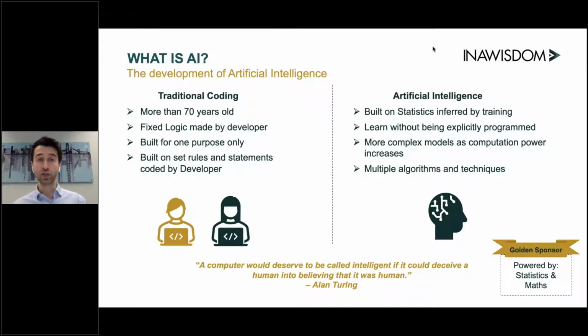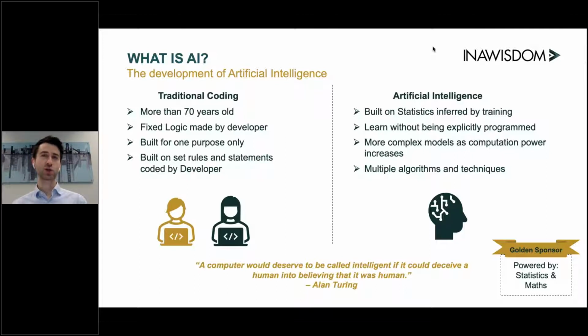Now, according to traditional coding, which is something that has been in our lives for many, many years, the developer here needs to write explicit rules about what determines a cat and what determines a dog. So in traditional coding, the developer should write something like, if the animal has pointy ears, then it is perhaps a cat, okay?